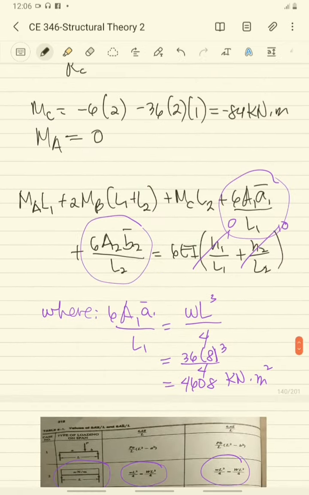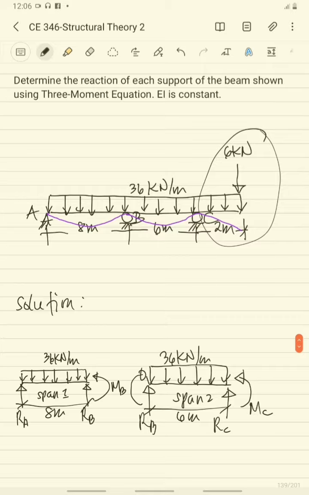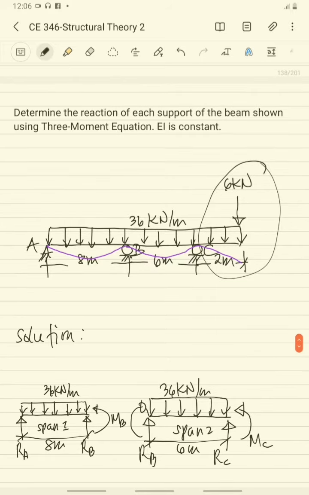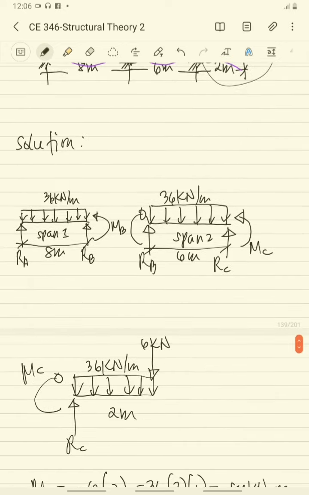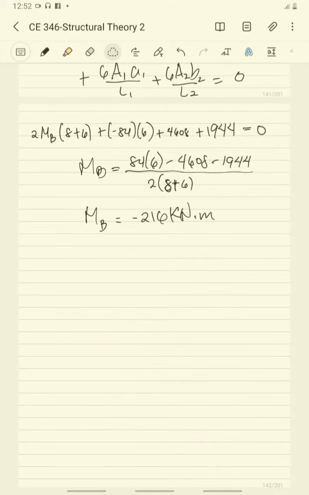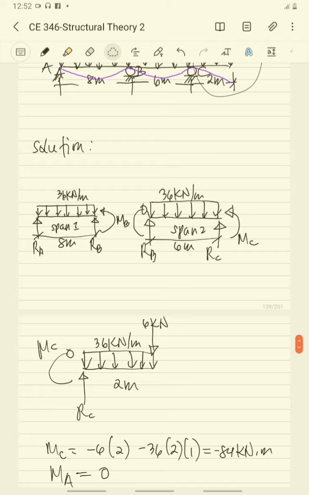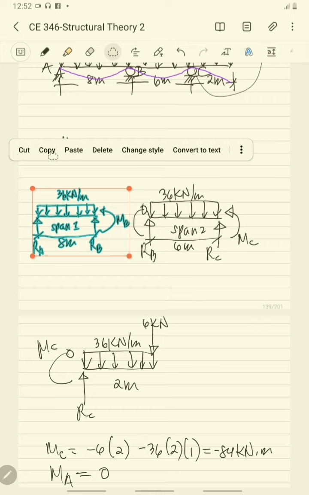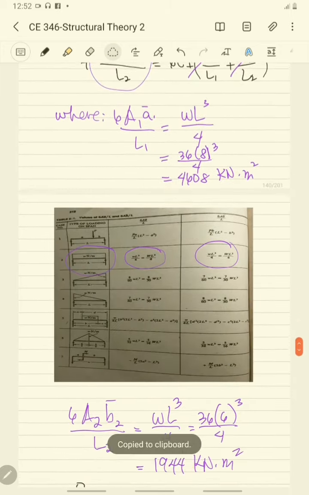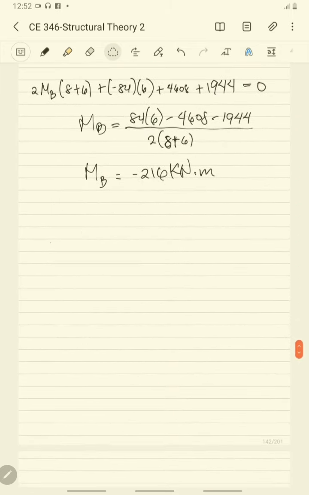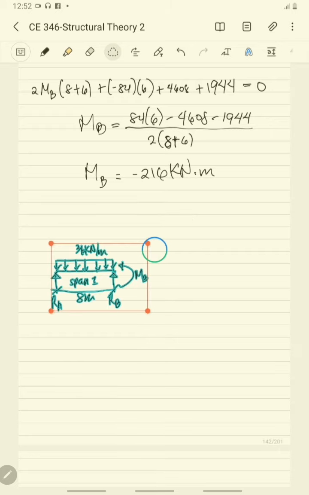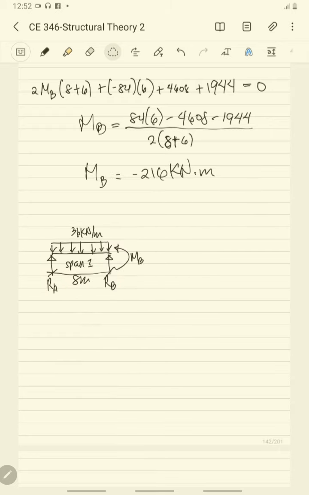But since in the problem we need to determine the reaction of each support, this is an example of an indeterminate beam. For the reactions, I have to copy this beam for our span 1, and I have to place it here. So this is for our reactions.